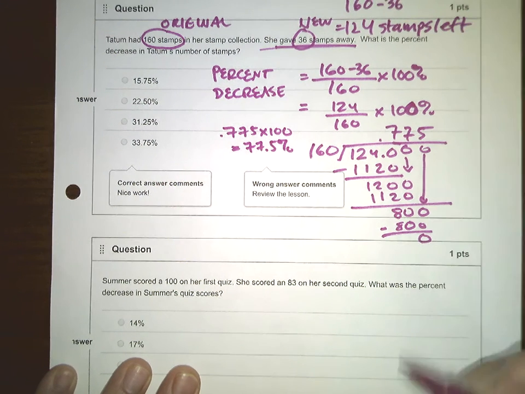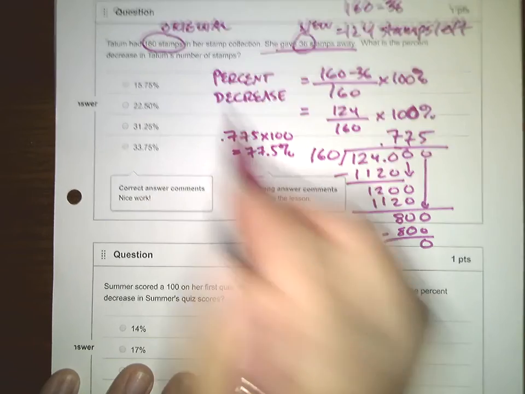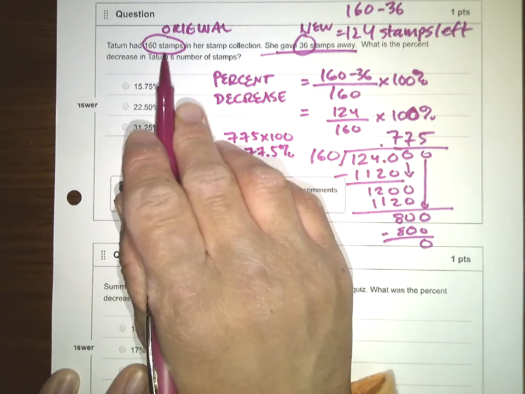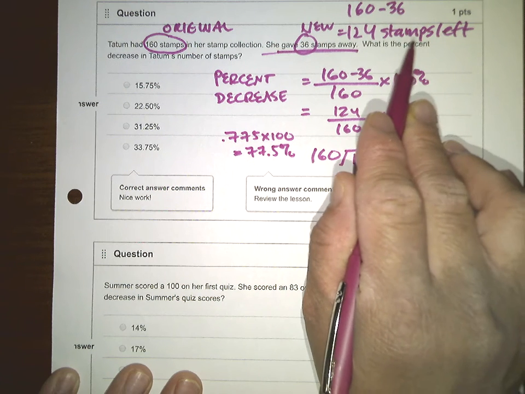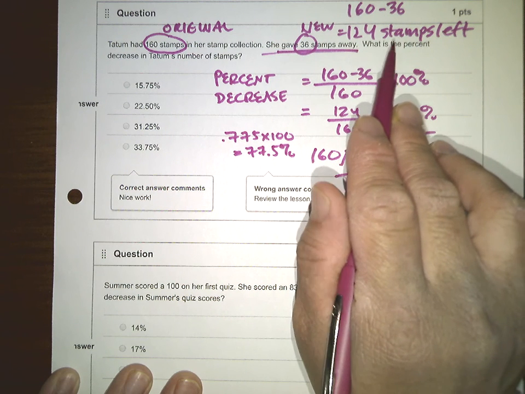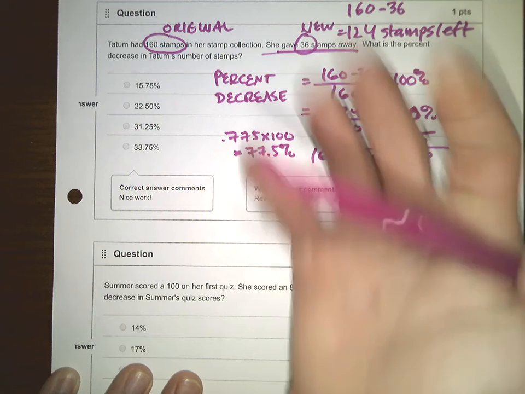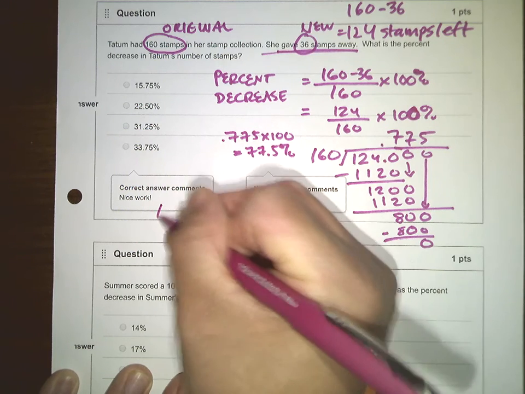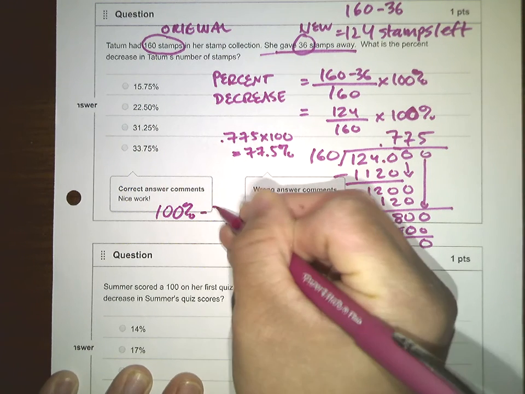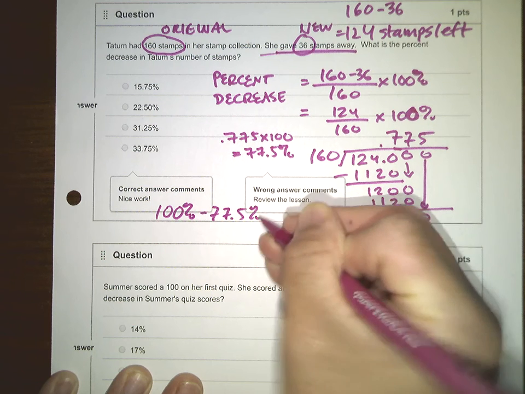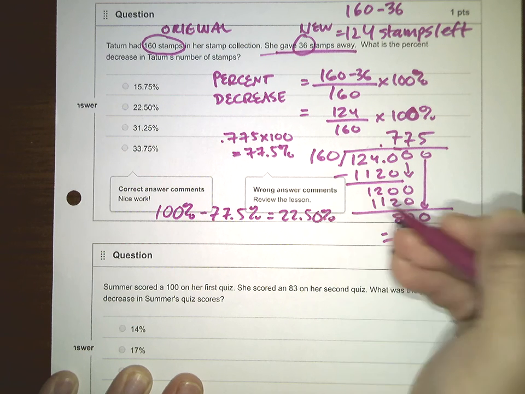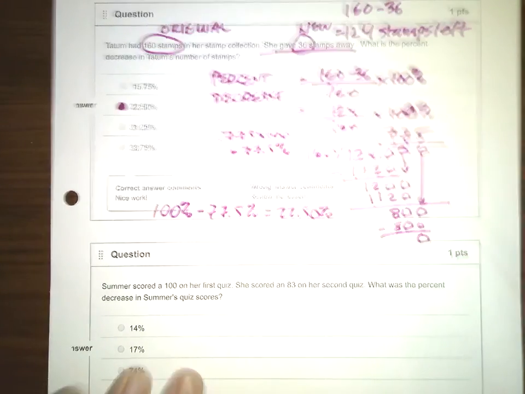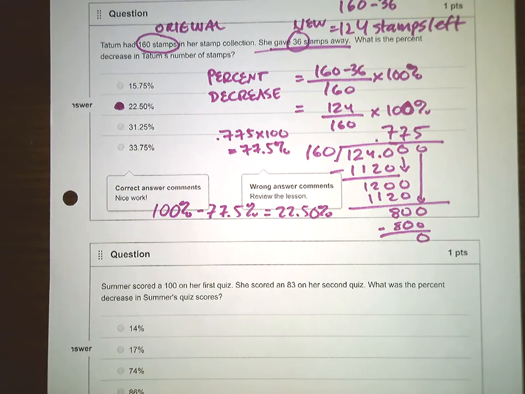So what that means is that Tatum really started with 160 stamps and had a new amount of 124 stamps. So another way to solve this problem would be to take 100% minus the 77.5%, and then we have 22.5% is the decrease in Tatum's number of stamps.